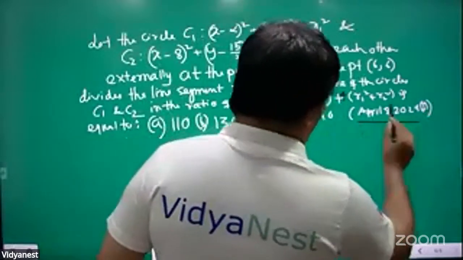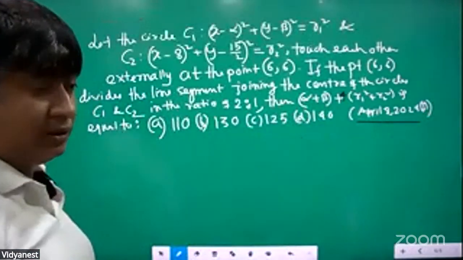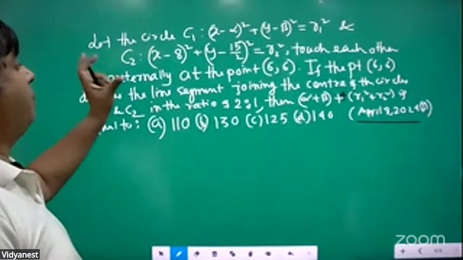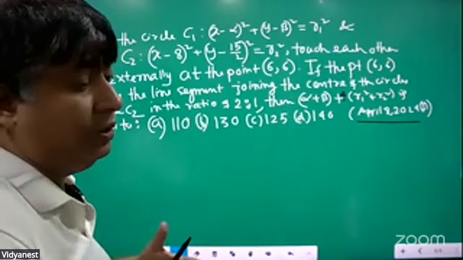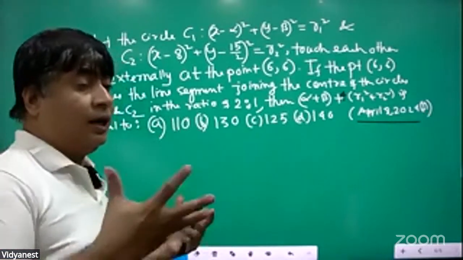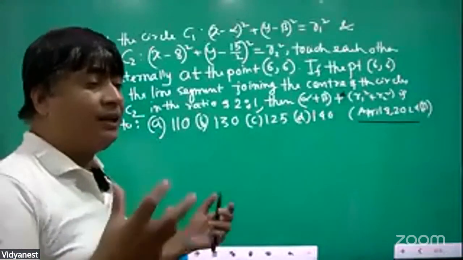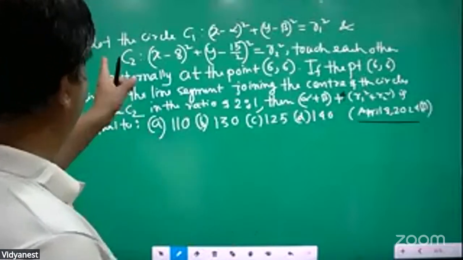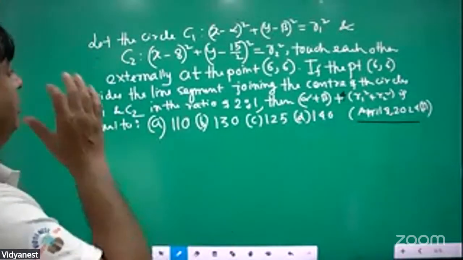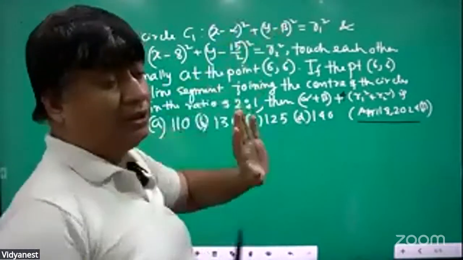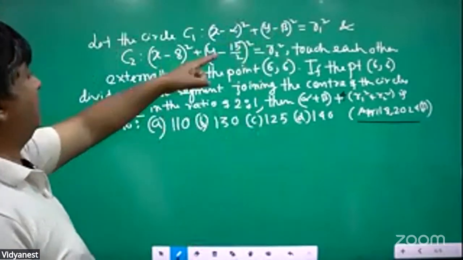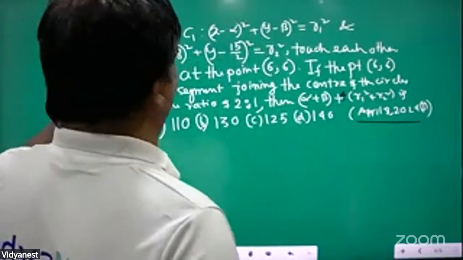But you see, this sum also demands basic properties of circles. We do not have to go through gigantic theories and nail-biting concepts. Basic concept. Two circles, one circle with center alpha beta, unknown, the other circle with center 8 by and 15 by 2, given.